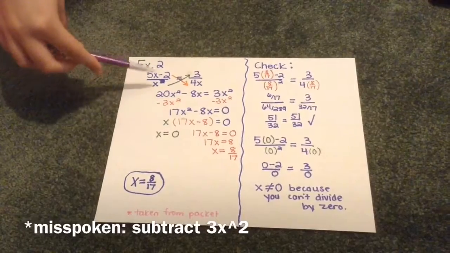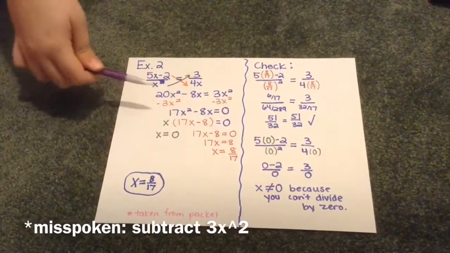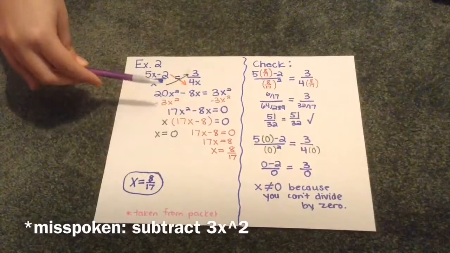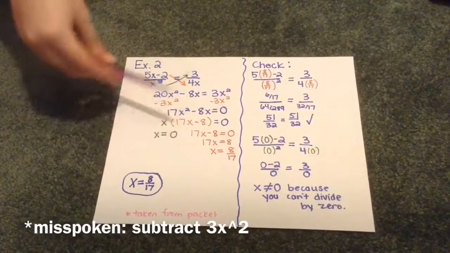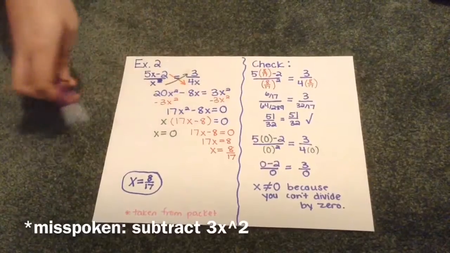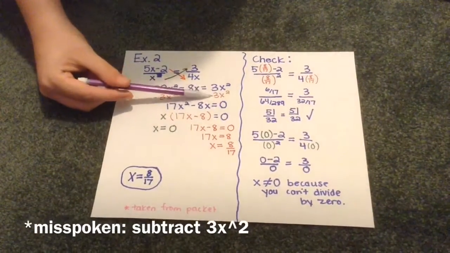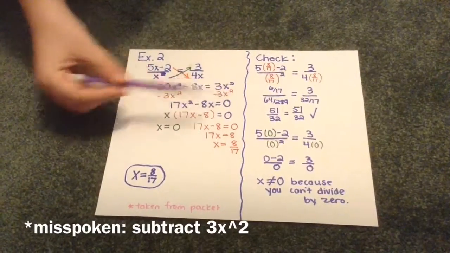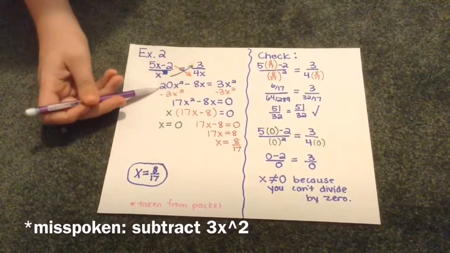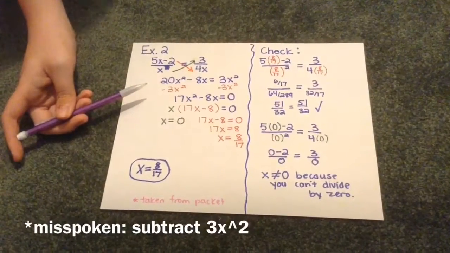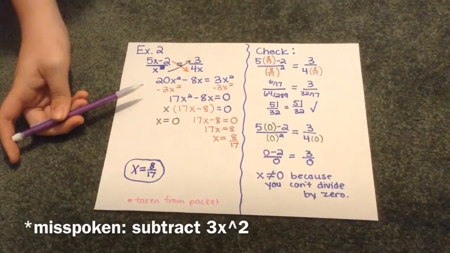So the 5x minus 2 times 4x would translate to 20x squared minus 8x, and then cross-multiplying the x squared times 3 would equal 3x squared. So then what you're going to want to do is subtract 3x squared from the 20x squared, which would translate to 17x squared minus 8x equals 0.